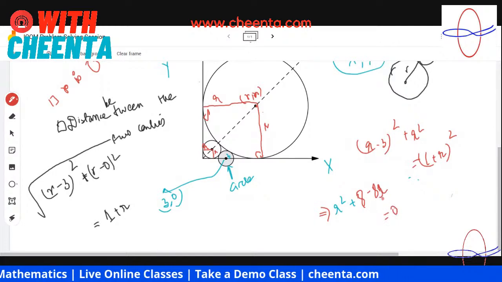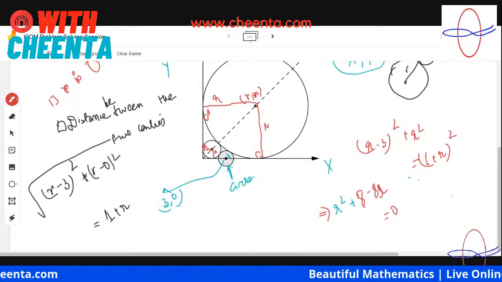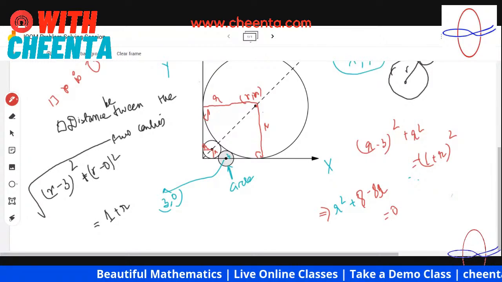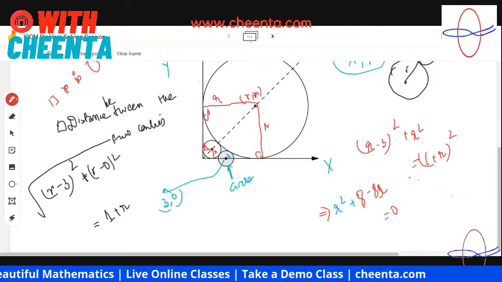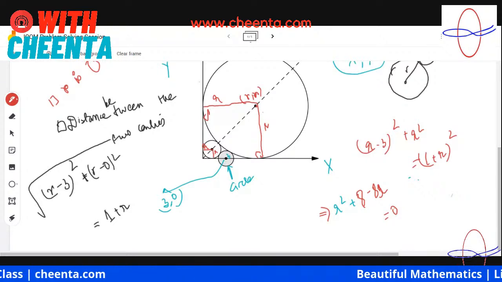Actually, r square is on both sides, so we are left with a quadratic equation in r. This shows that there are only two possible circles. Since there are two possible circles, we have to find them.